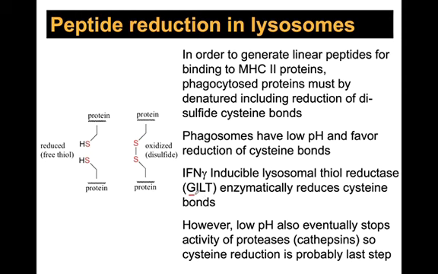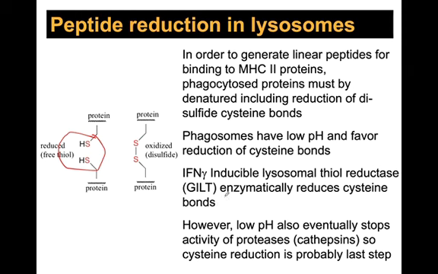This was originally discovered in Pete Creswell's lab, but is now being followed up by people at U of A downtown Phoenix. And essentially, it enzymatically reduces this bond to free the sulfurs.